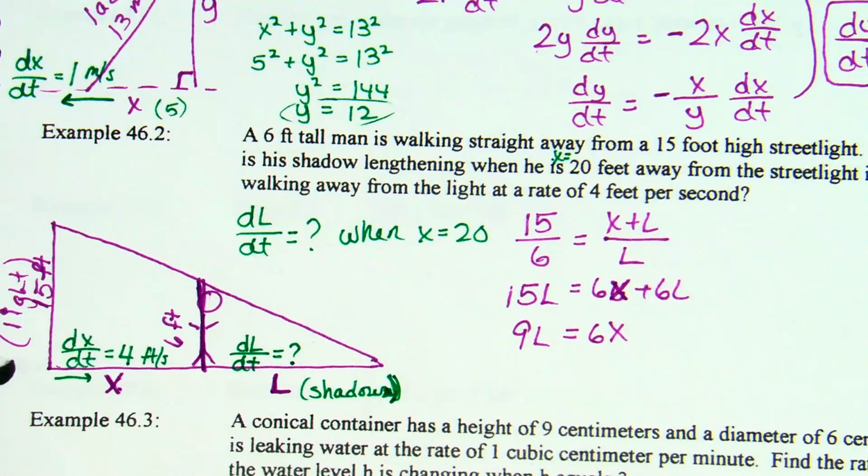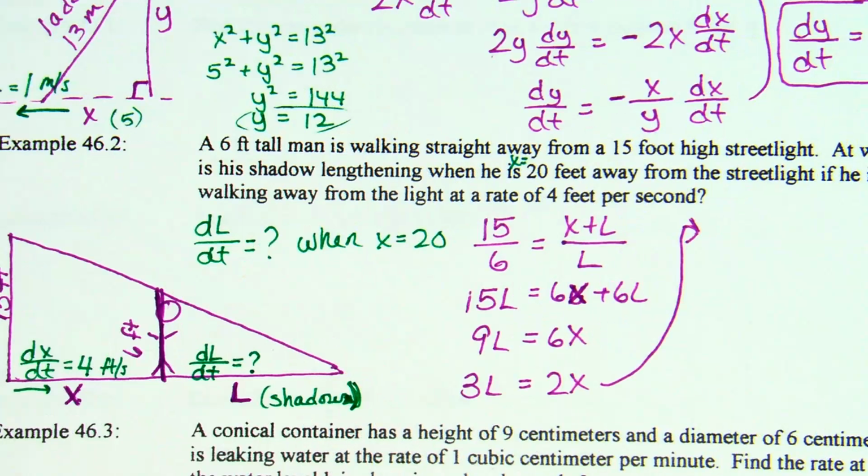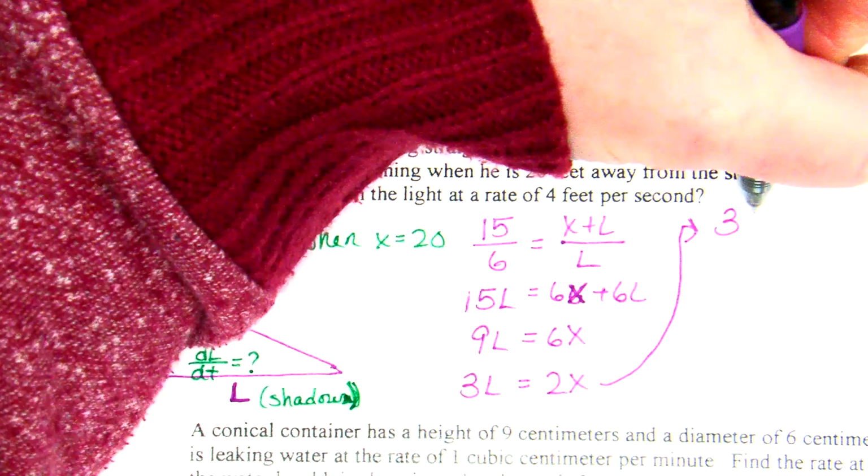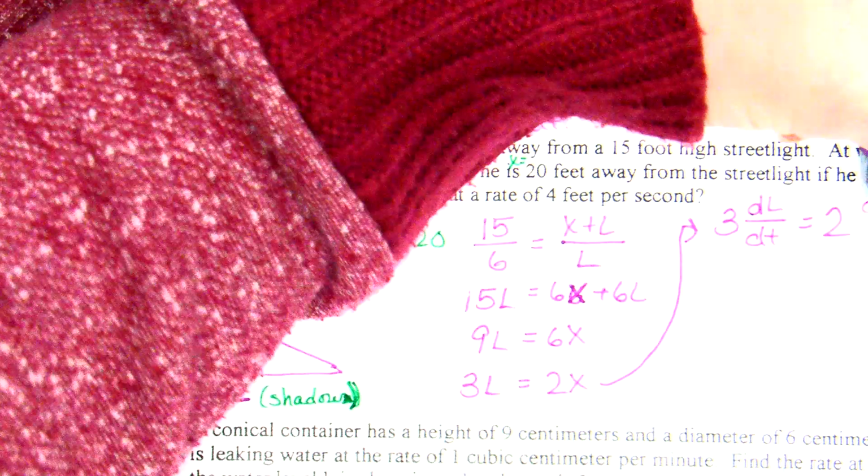I can't plug anything in till we differentiate. What's the derivative of 3L? 3 dL/dt, because it's the derivative of L. Derivatives, not antiderivatives. What's the derivative of 2x? 2 dx/dt. If you recall, we're trying to solve for dL/dt, so you can divide the 3 to the other side.